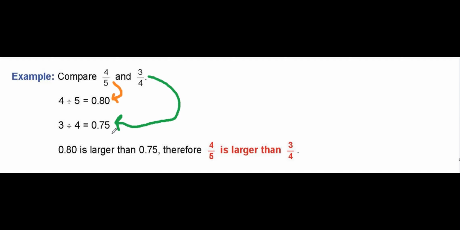So now we compare the results of each division. 0.80 is larger than 0.75.